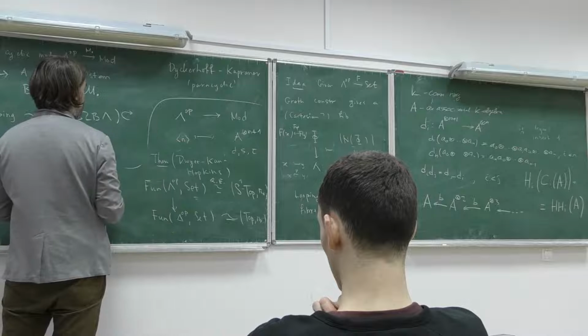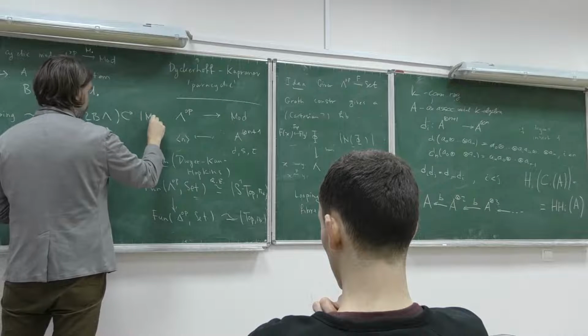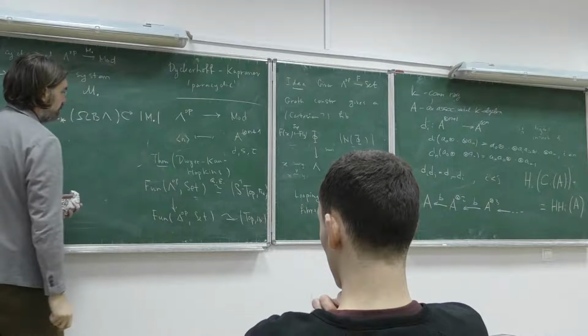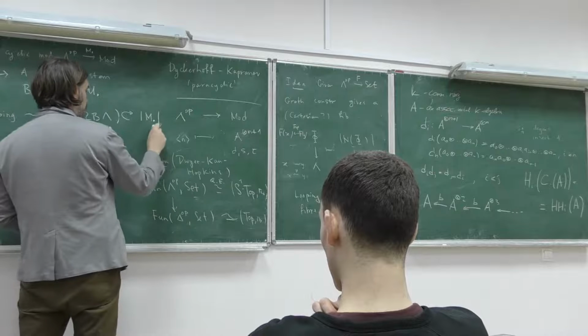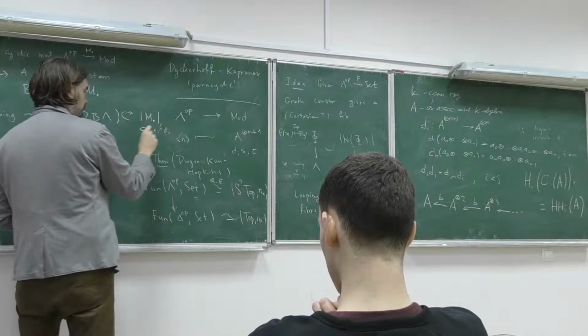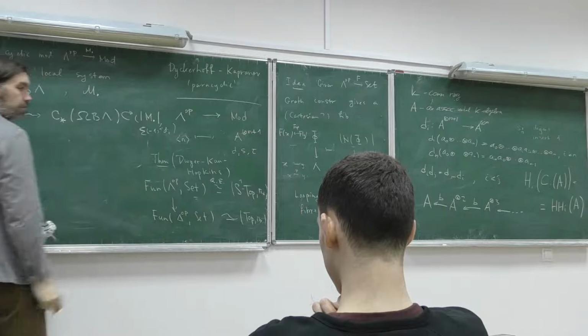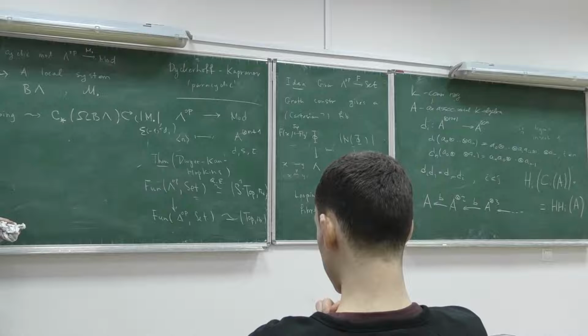So this turns out to be the geometric realization of this original object. So that's the alternating sum. This is the thing whose differential is this alternating sum. Okay. And there's an explicit formula for this.